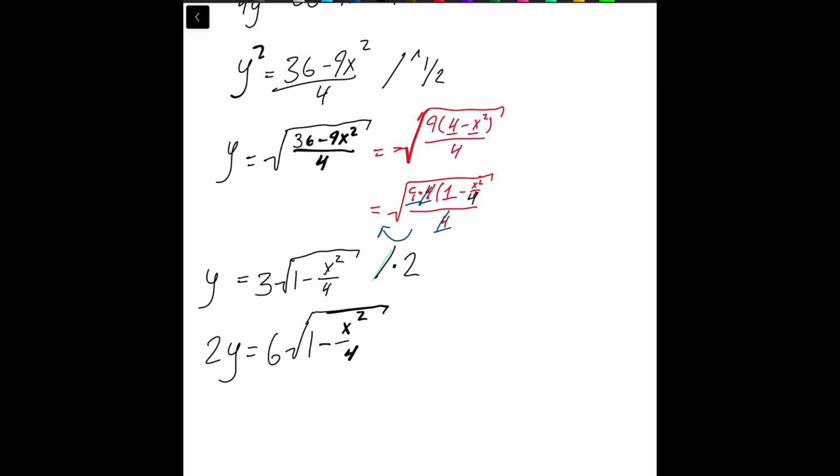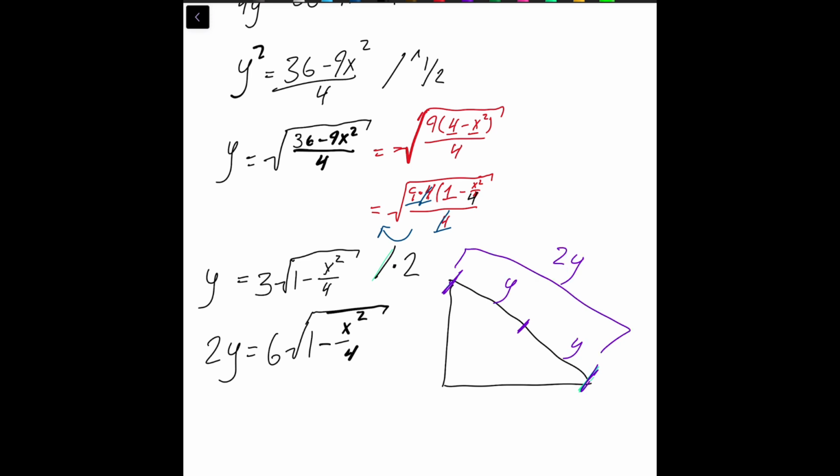Awesome. The next thing we need to do is talk about our isosceles triangles here. This is the y that we just solved for. This is y, and this is y, giving me 2y right here.